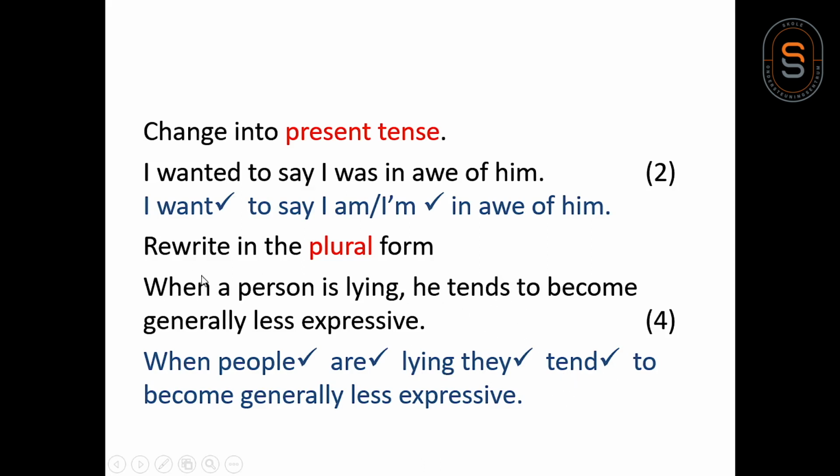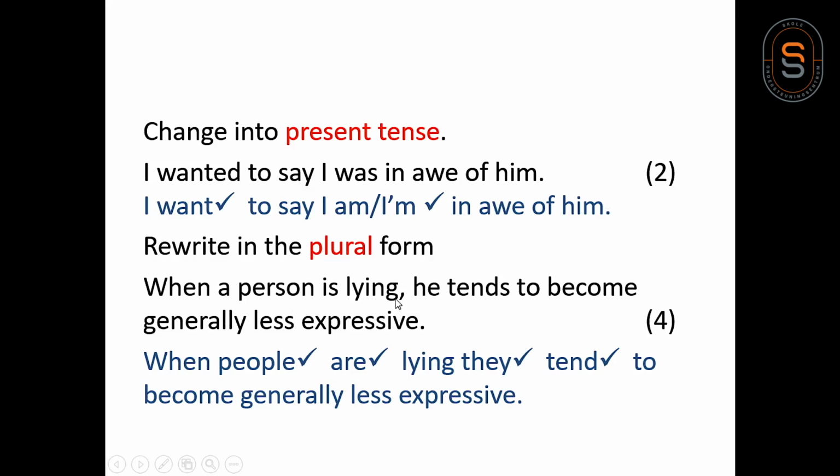Right, do it word for word. When remains when. A person becomes people. Is will become are. Do not change the tense. It must remain in the same tense that your original sentence is in, which is the present continuous tense. Why?